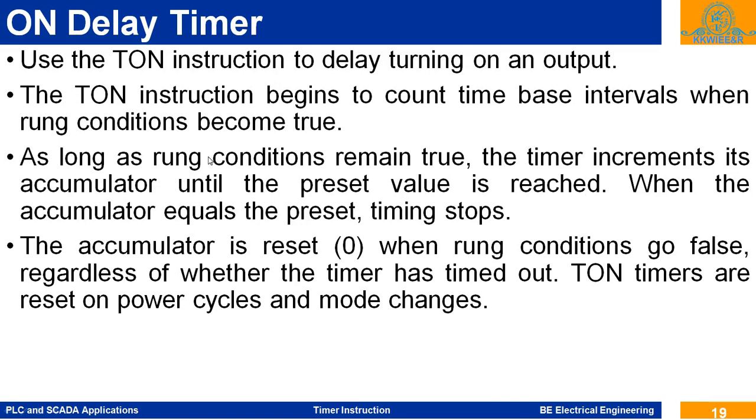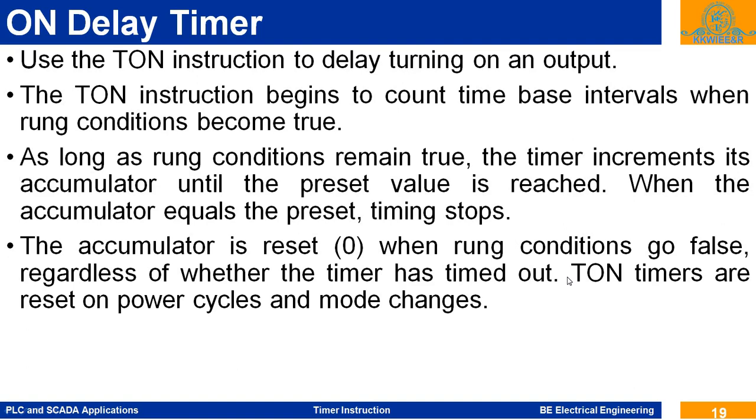When the run condition is true, the accumulator starts incrementing, and it increments until the preset value is reached. Okay. When the accumulator equals the preset, timing stops, or the counting of the accumulator stops. Okay. The accumulator is reset to 0 when the run condition goes false, regardless of whether the timer has timed out.